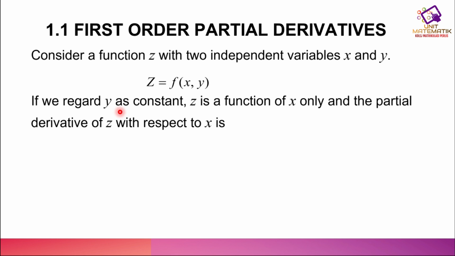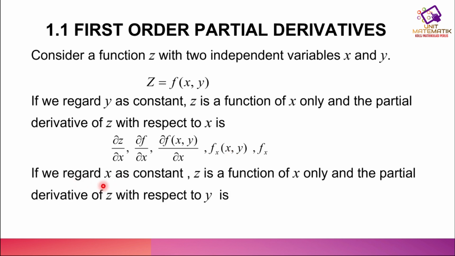If we regard y as constant, z is a function of x only, and the partial derivative of z with respect to x can be written as delta z over delta x, or delta f over delta x, or delta f(x,y) over delta x, or f sub x of (x,y), or f sub x. The bracket with x and y represents the point, if we want to substitute later.